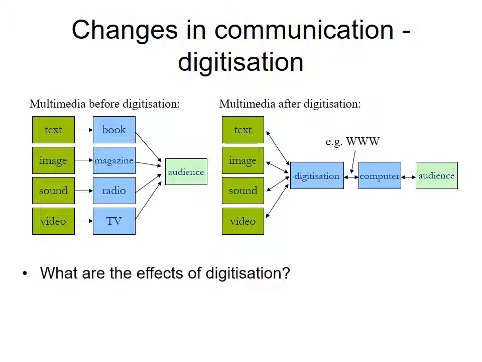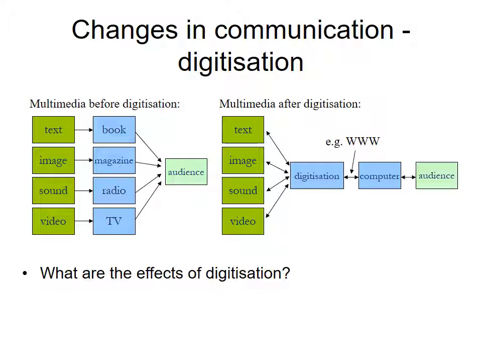So a text was represented through maybe a book or a newspaper, an image through a magazine, a sound through the radio, a video through the television, and so on. And the audience, the end receivers, the public, would have to choose to select one media to be able to select a different piece of information they wanted to gain.